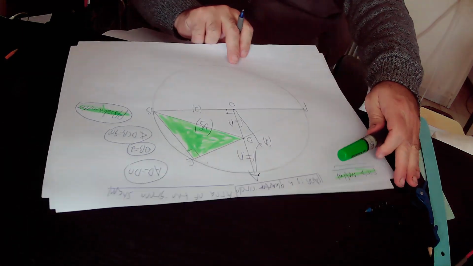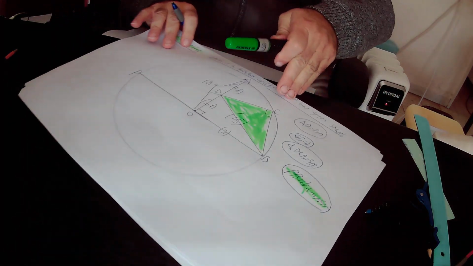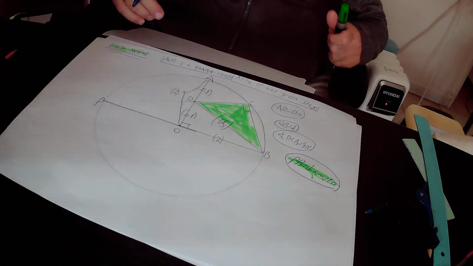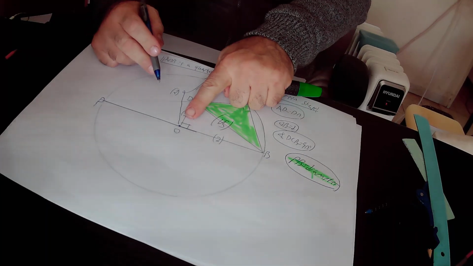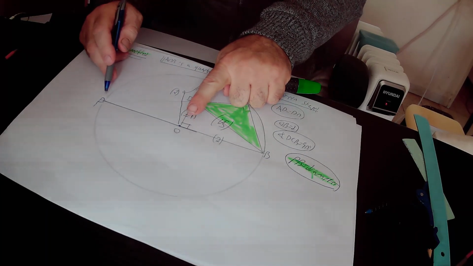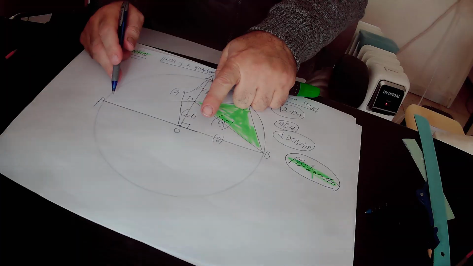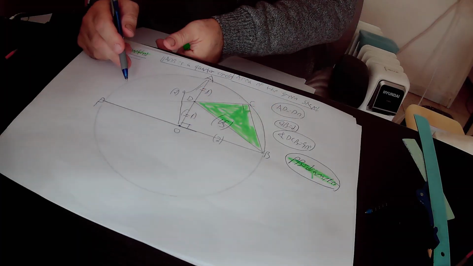The next step, we will extend, but before that, point O is the center of the circle, point P is a point on the circle itself, therefore OP is the radius of this circle, that equals 2.